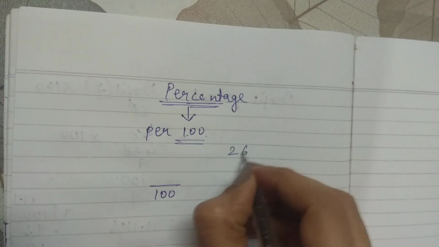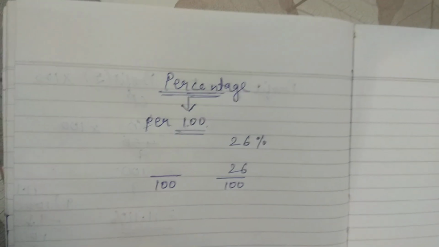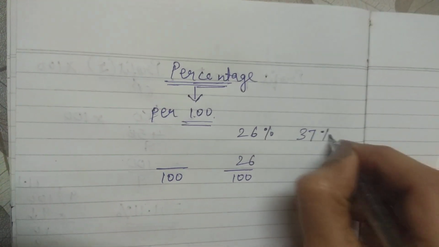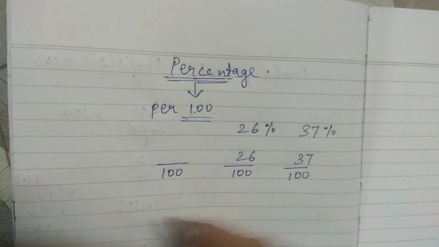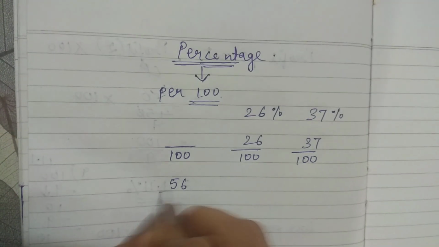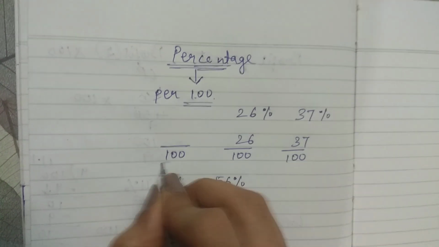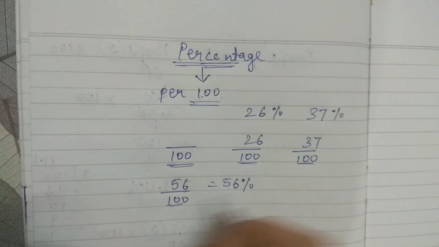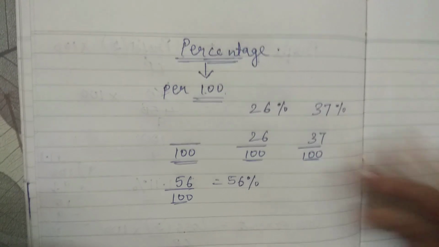Means if it is 26%, so it is 26 upon 100. If it is 37%, so it is 37 upon 100. And reversely, if someone is writing 56 upon 100, we can also write it as 56%. So when the denominator is 100, it is basically 56%. Okay, it is the percentage.